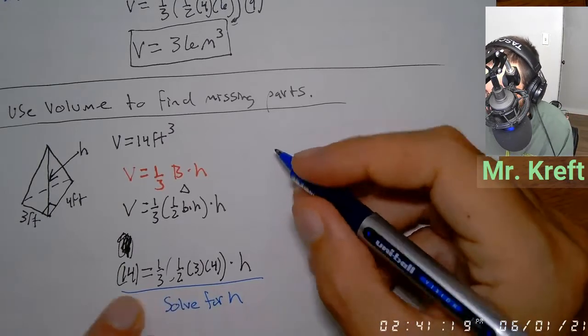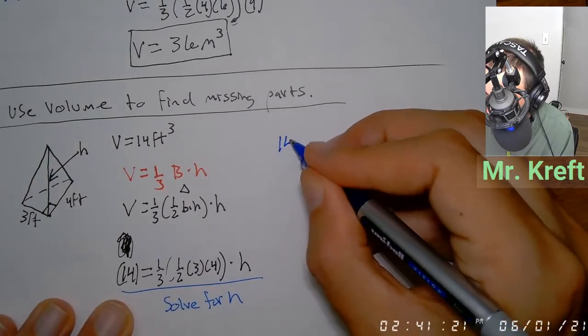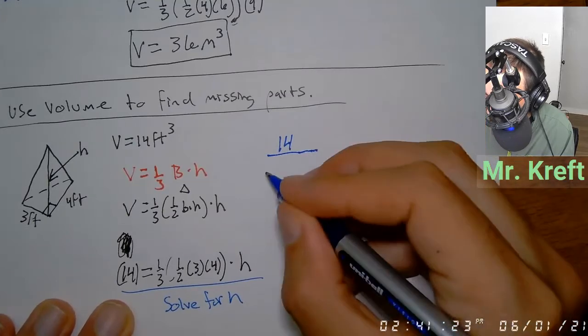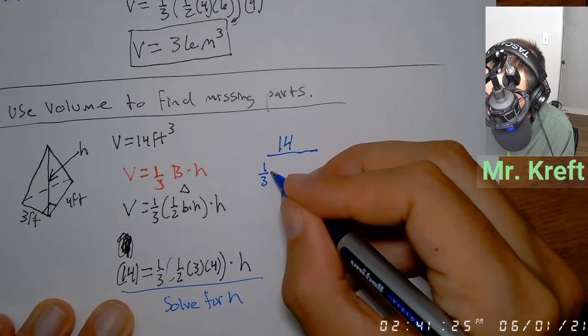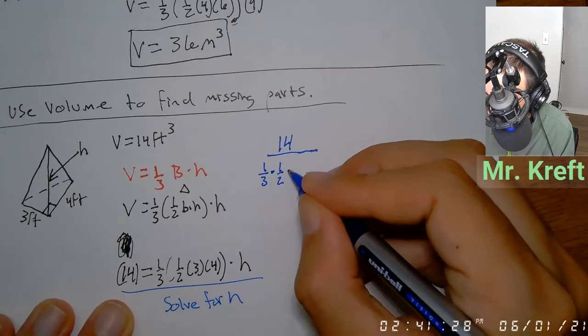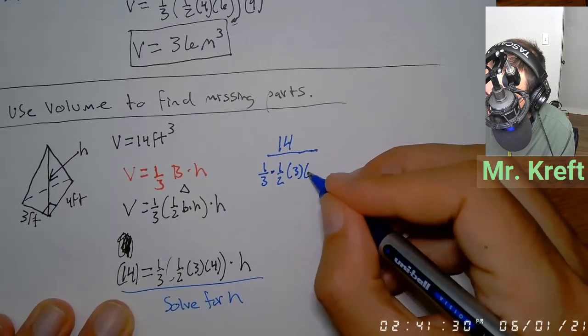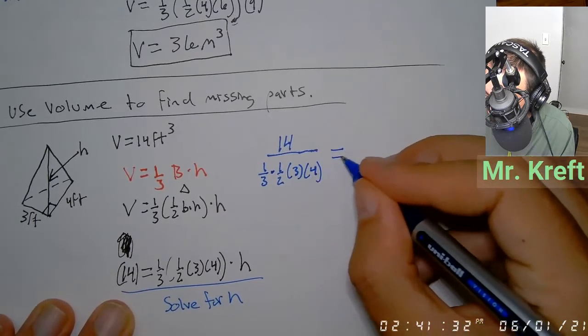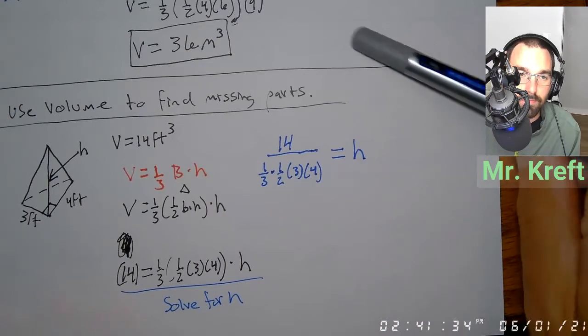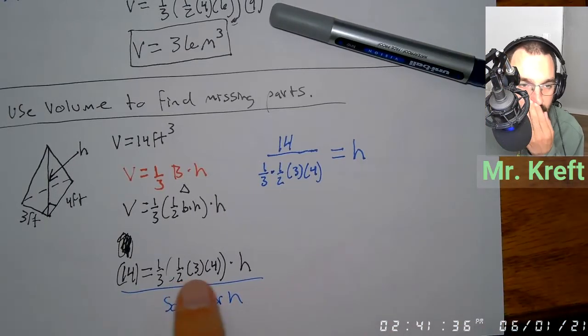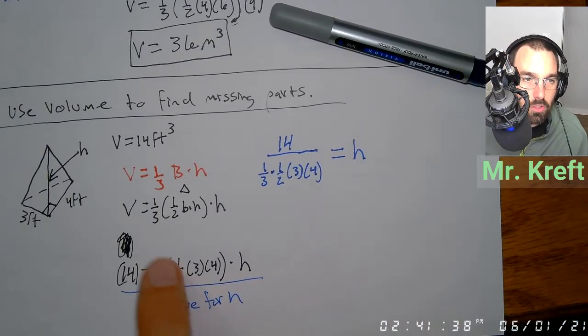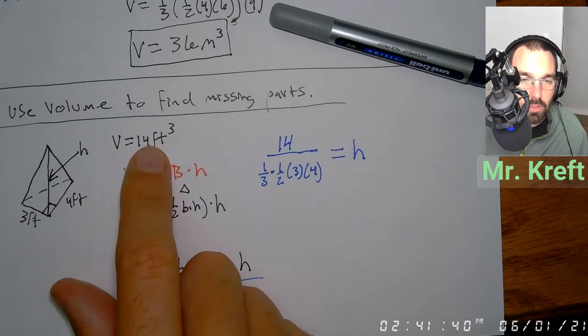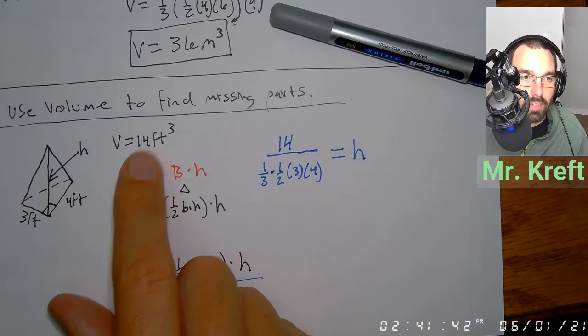We can just divide everything here, and we get 14 divided by 1/3 times 1/2 times 3 times 4, and that equals h. So if this is all multiplication, the volume equals 14 feet cubed.